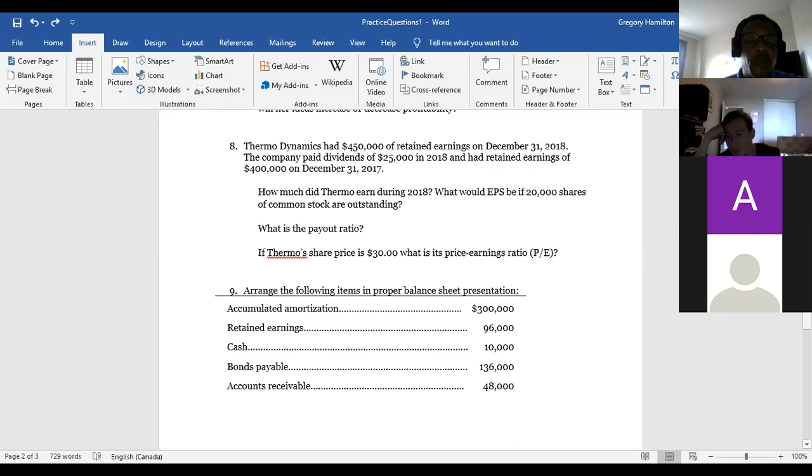On January 1, 2018, the retained earnings would have been 400,000, and on December 31st, 2018, it would have been 450,000. So in that case, how do we find what the earnings was? What does the retained earnings represent?